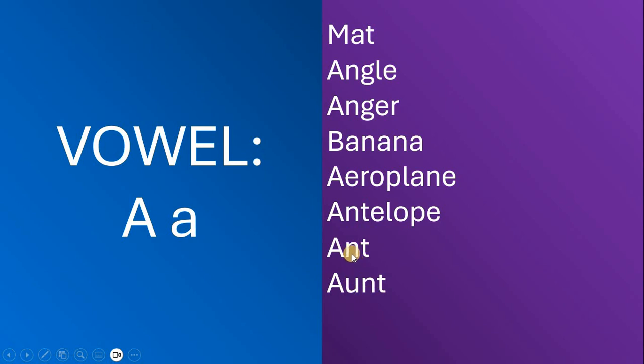These are tiny insects that live underground and build what they call ant hills. Then we have aunt. This is the female sister of your mother. That's called aunt. Female sister of your father or mother.